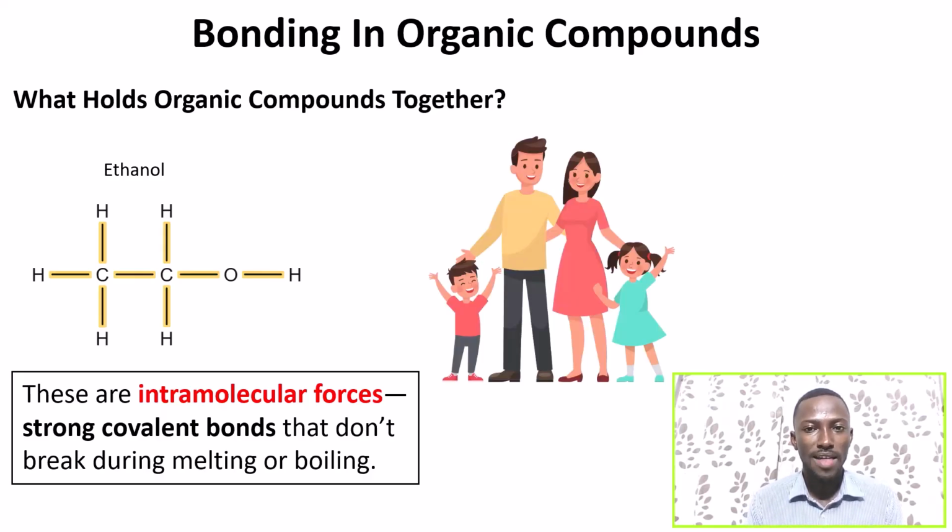You have the father, the mother, and their children. This kind of force or bond between them is really strong, and it is not easy to break. So this force between the mother, the father, and their children can be compared to intramolecular forces. This is the force that holds the individual members together to form that nuclear family.